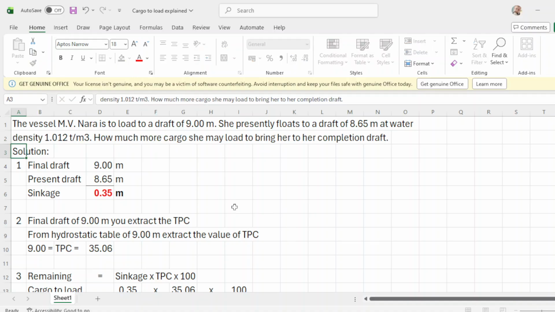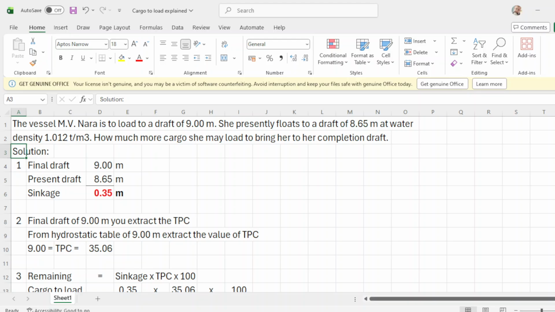Okay, let me explain again. The vessel is floating in water of density 1.012 with a draft of 8.65. That will be her draft when she stopped loading in a density of 1.012.